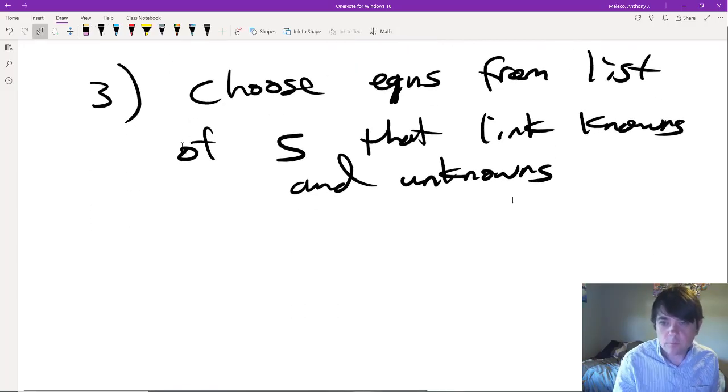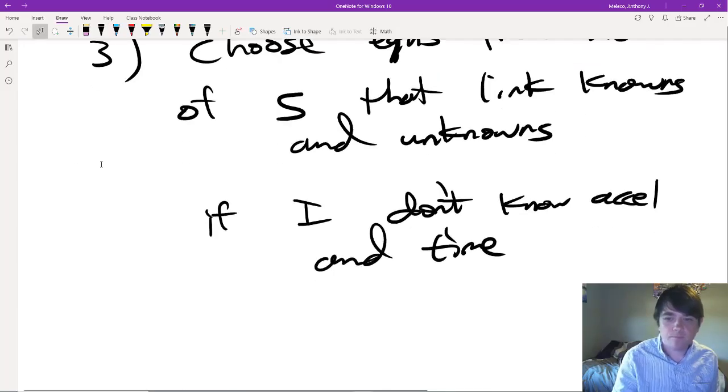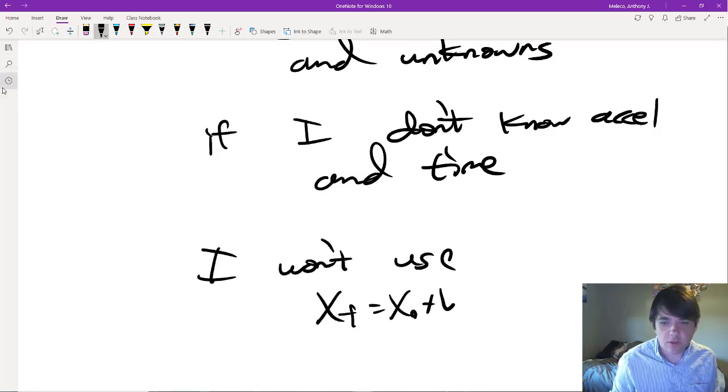For example, if I don't know acceleration and I don't know time, I won't use, generally, this equation, right?